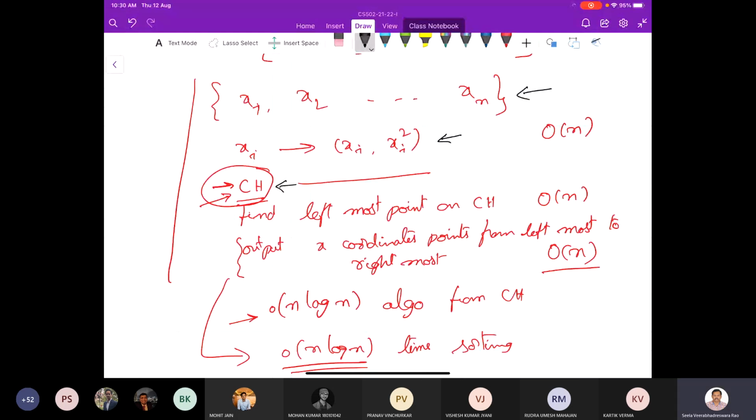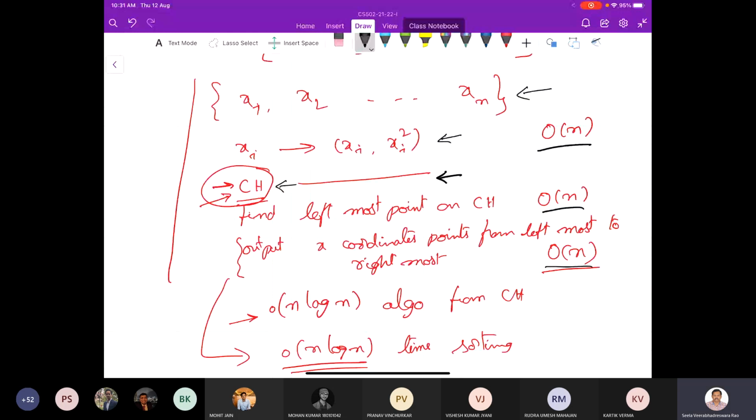All these steps take linear time except the convex hull computation. If the convex hull computation can be done in lower order than n log n time, the overall sorting algorithm complexity becomes lower order than n log n, which violates the lower bound proof of sorting. That is a contradiction. So the only possibility is we cannot have a convex hull algorithm whose complexity is lower order than n log n time.